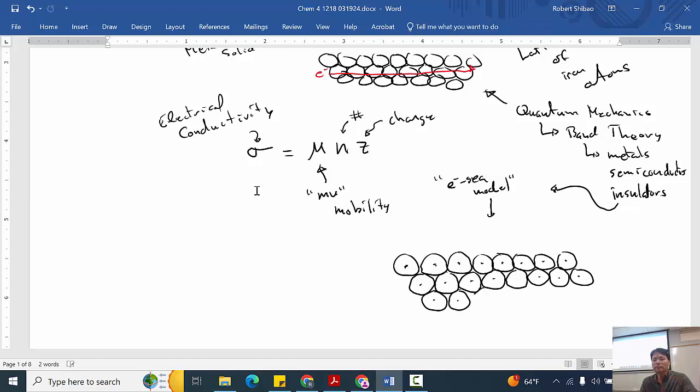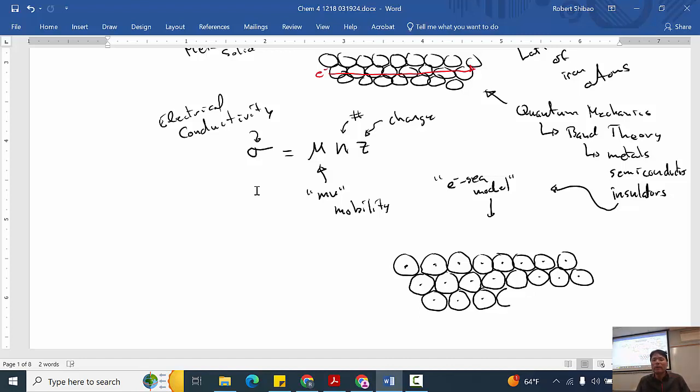When I set up this apparatus here, one of these electrodes becomes positive, the other one becomes negative due to the power supply. The electrons are going to jump from the negative to the positive. But if I have a positive particle, it would jump from the positive to the negative, and it would still transport charge. And so that would be electricity.